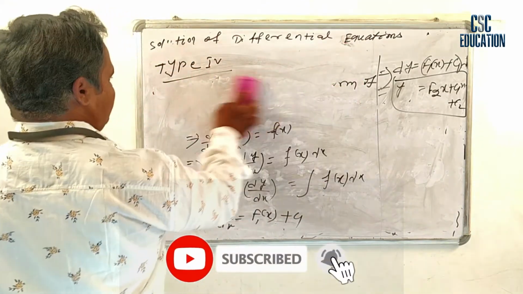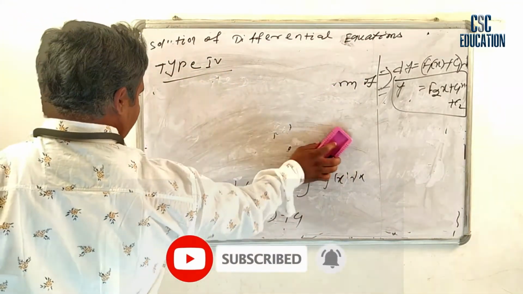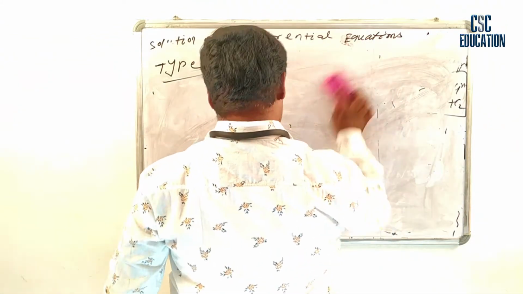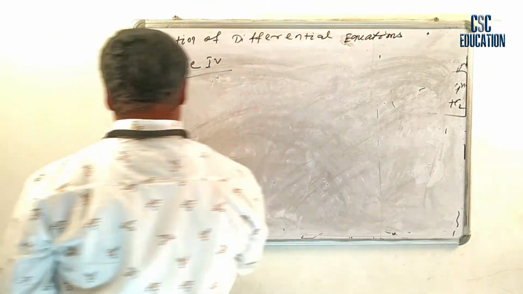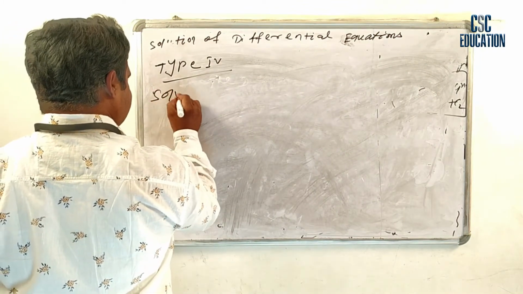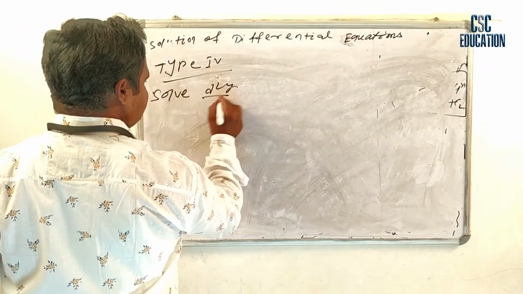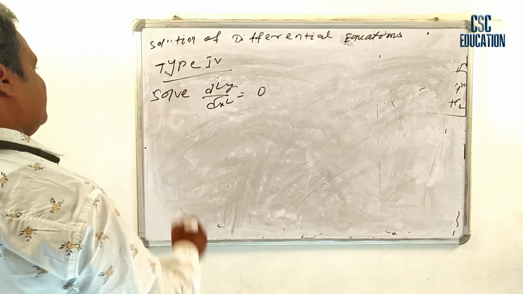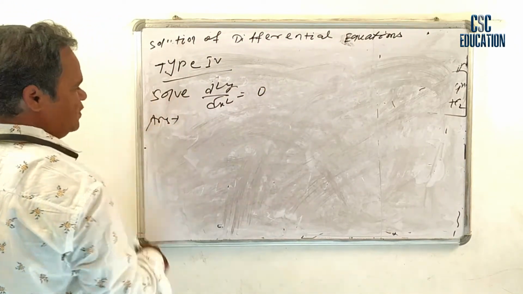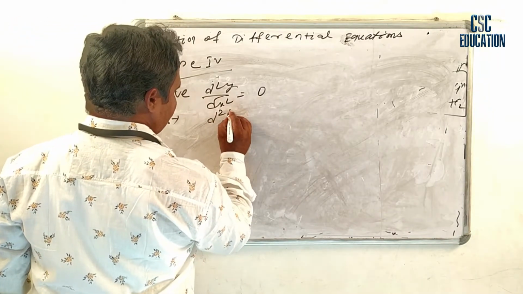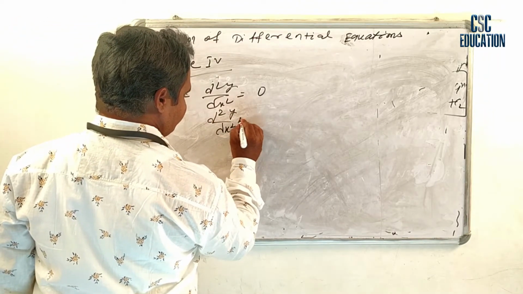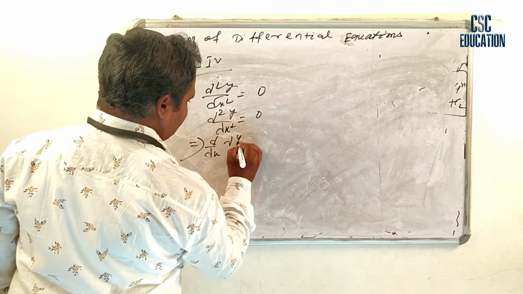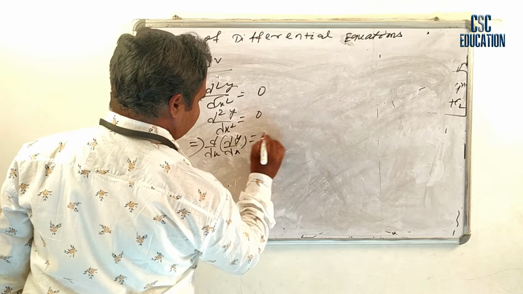I have some related examples here. Suppose your question is to solve d2y by dx2 equals 0. Given d2y by dx2 equals 0, that is d by dx of dy by dx equals 0.